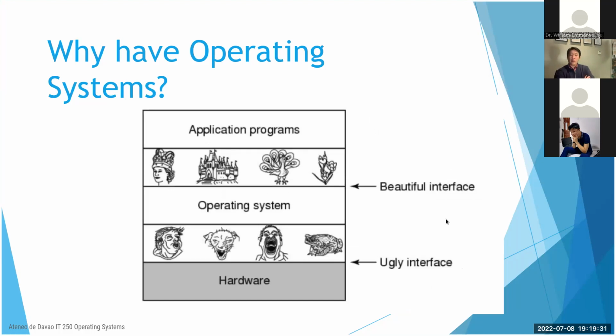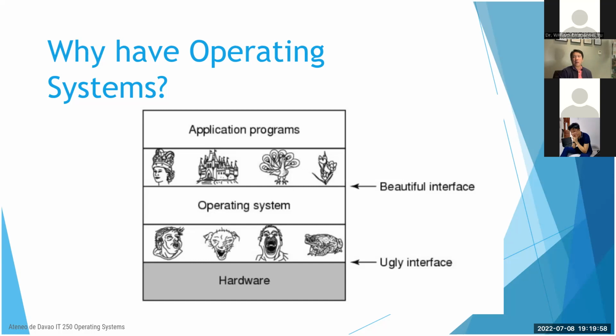So one of the things also that operating systems are designed to do is that when an operating system exposes an interface to an application, the interface is what we call beautiful. It's a clean interface, it's easy to read, well documented, because applications, there are so many of them. There are way more applications than hardware types or hardware devices.